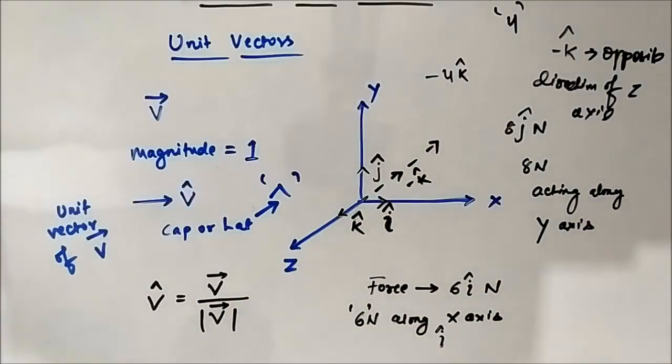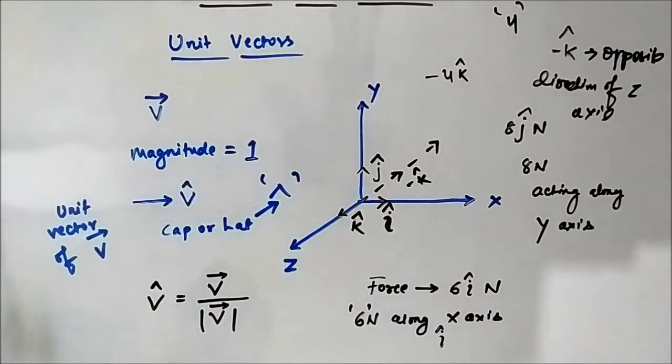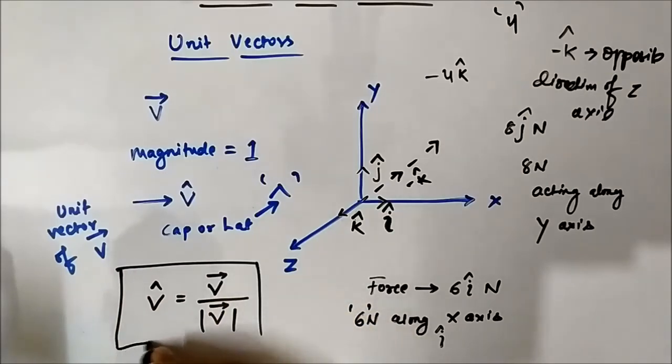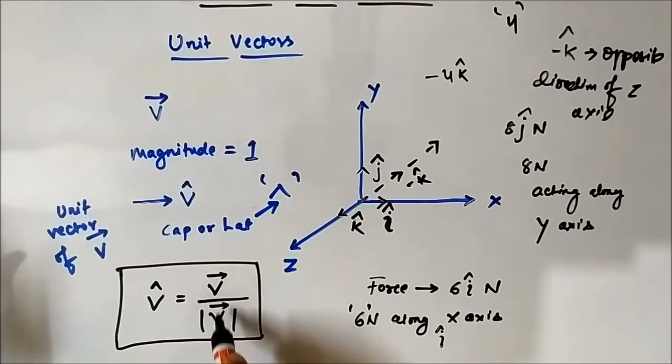So this is the whole idea behind unit vectors. It has a magnitude equal to 1. It points in the same direction as the original vector, and this is the mathematical formula for determining the unit vector of any vector quantity. It is represented by v cap, given by the v vector divided by its modulus.